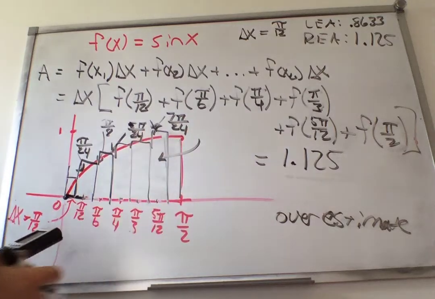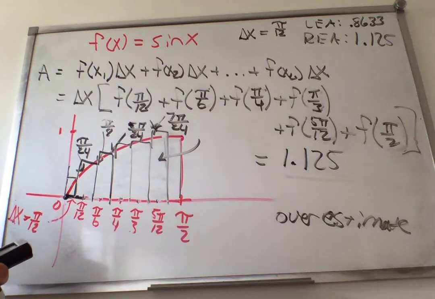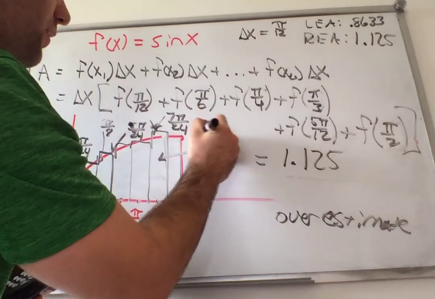Let's see, the next one would be 5 over 12 plus 1/3, divided by 2. You get 3 pi over 8.